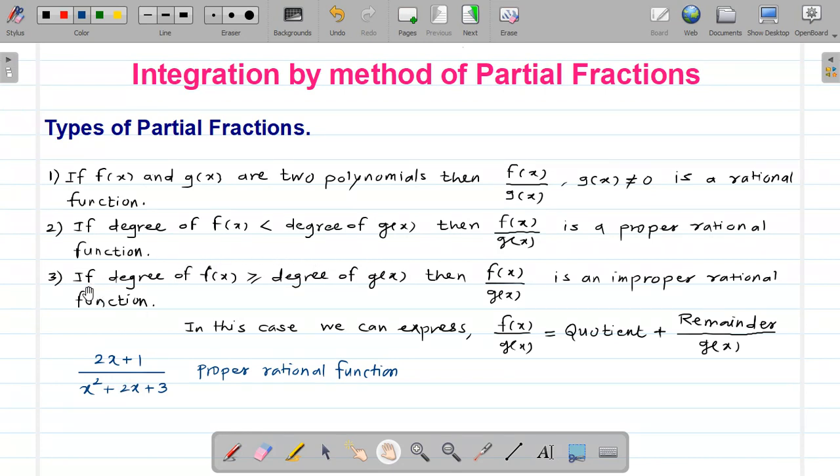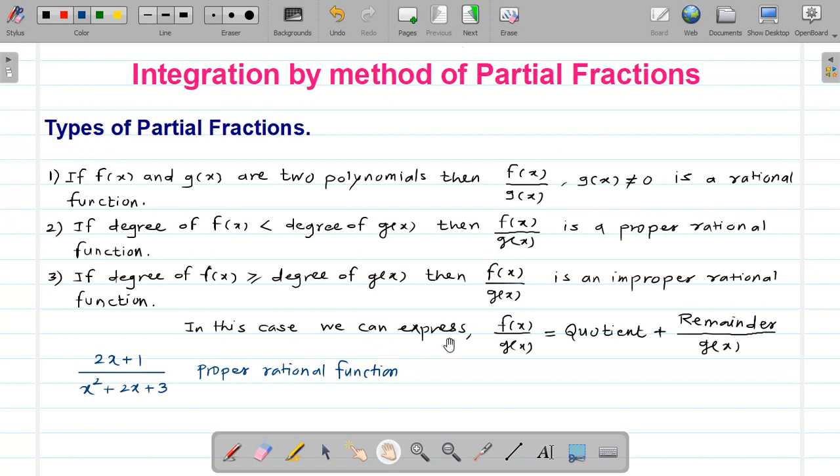Now the third one is, if the degree of f of x is greater than or equal to the degree of g of x, meaning the degree of the numerator is greater than or equal to the degree of the denominator, then f of x upon g of x is called an improper rational function. In this case, what do we have to do?